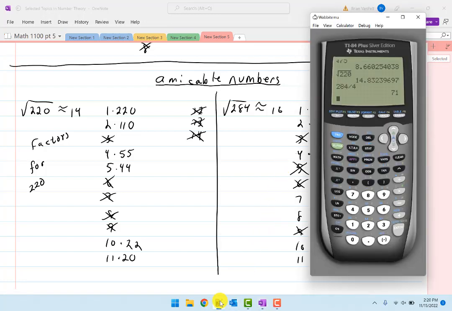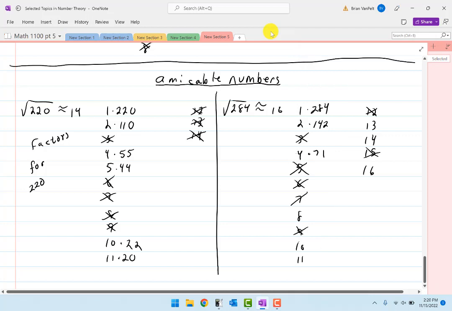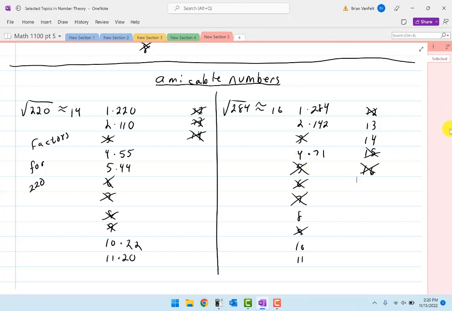Let's try it. 284 divided by 7. Nope, does not go in there. So 7 does not go into 284. Therefore 14 does not. Oh, by the way, I forgot: since 5 didn't work, neither will 10 or 15.